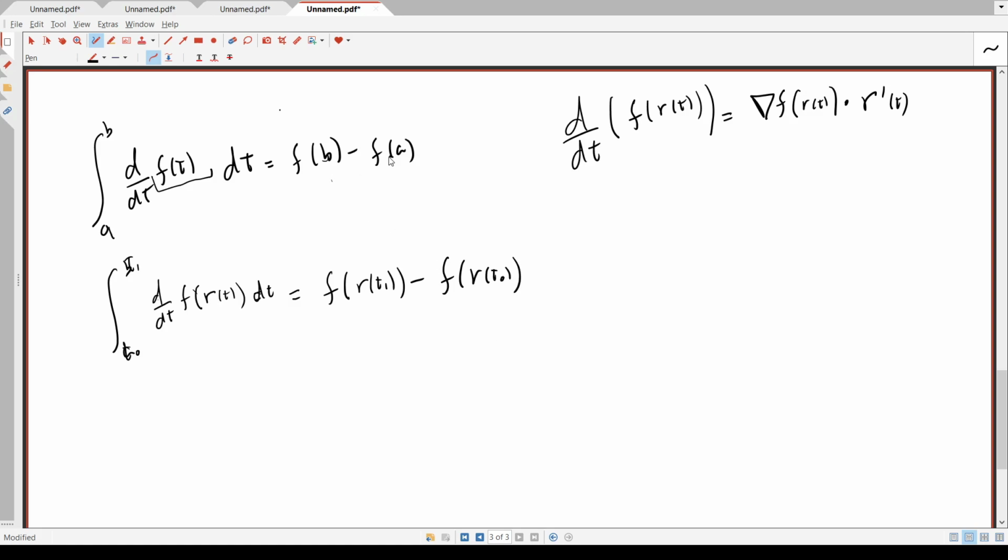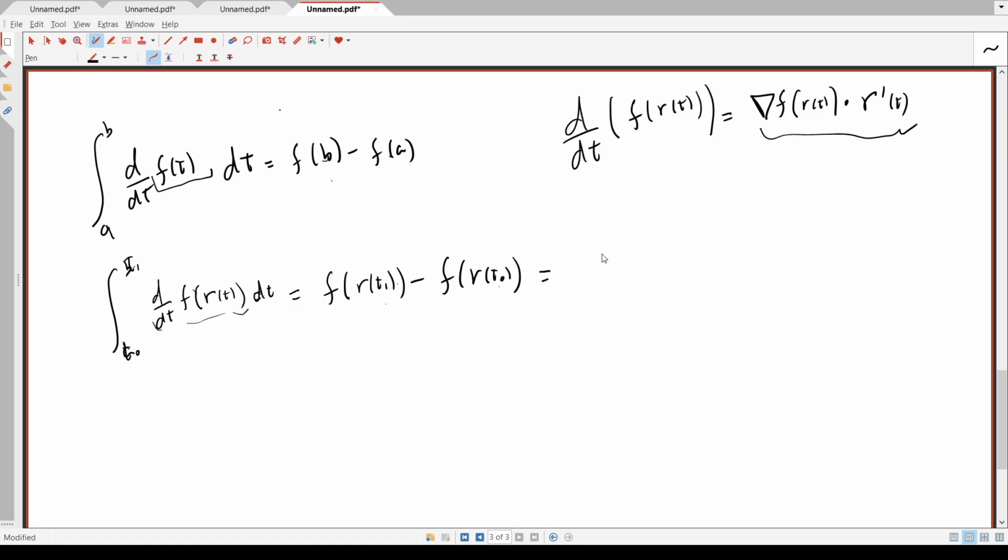This is just the application of this right here. I just plugged in the top bound, and I just plugged in the bottom bound, and I get this. But on the other side, I know that this is the same as this.